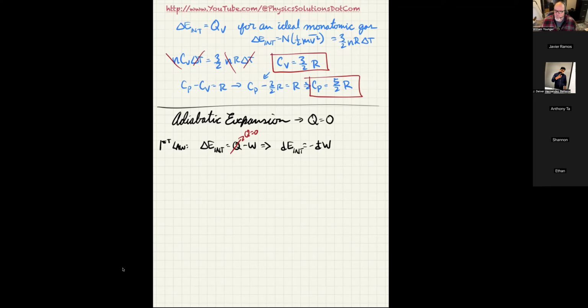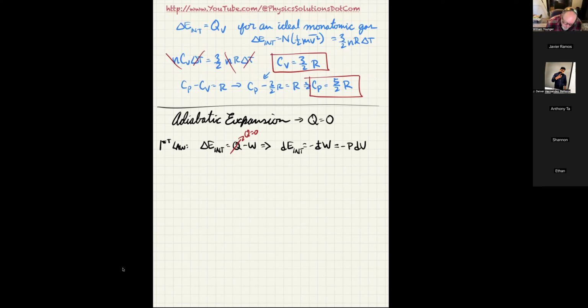But in principle, we do know a formula that we found, work equals the integral of P dV. We could say that this is going to be equal to negative P times dV. So that's an expression we can use.